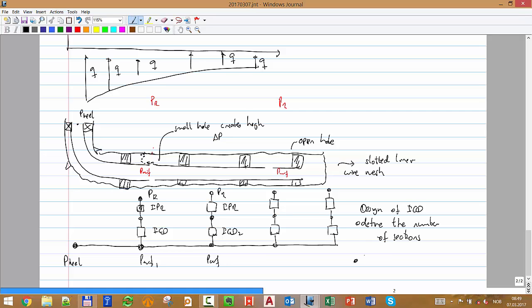And then the next thing is to define the orifice diameter and the number of orifices. Because usually I don't have just one, because if I put one, that will be a huge pressure drop. So I put a bunch of them of the same size in the same section.